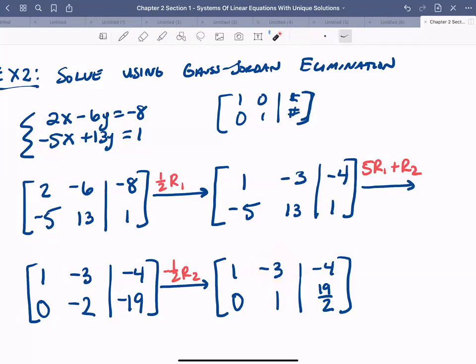So I need to multiply this number by a value to make that 0. So I want to multiply by the opposite. So we're going to multiply the second row by positive 3. So 3 times row 2 plus row 1.